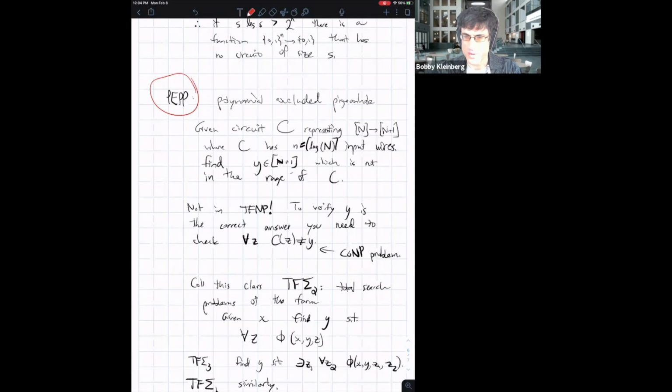So no circuit with fewer than n to the 100 gates. Okay, so the input to that problem, as typically conceived, is n, the number of input bits.